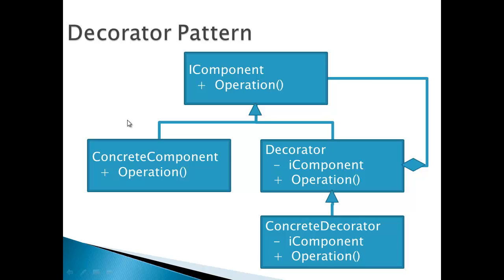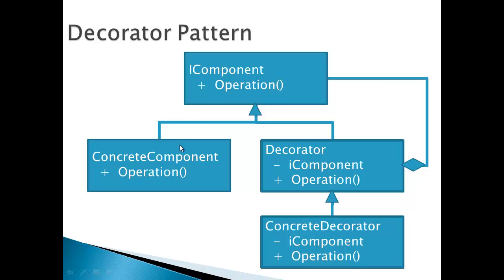This is the UML diagram. I don't know, does anybody use UML anymore? Probably not. Let's just talk real briefly about what this thing is showing us, and then I'll code up the example with our processor and logger. This is saying that there's going to be an interface called iComponent, which has a public, that's what this plus sign means, a public method called operation.